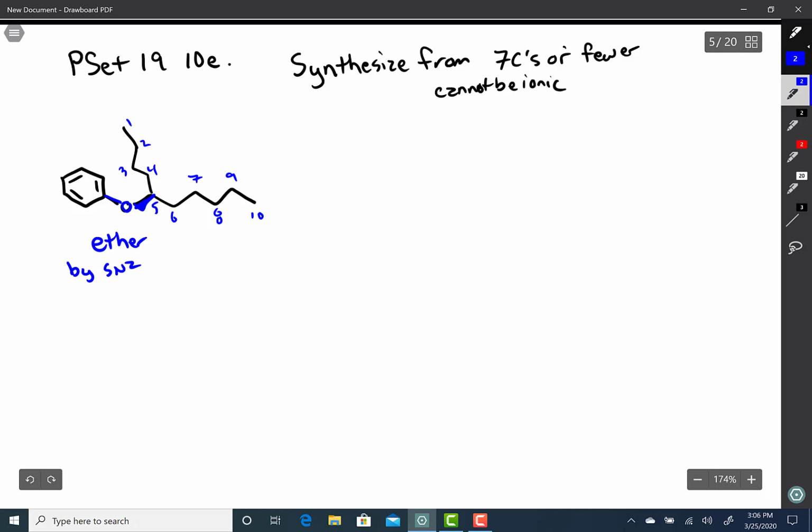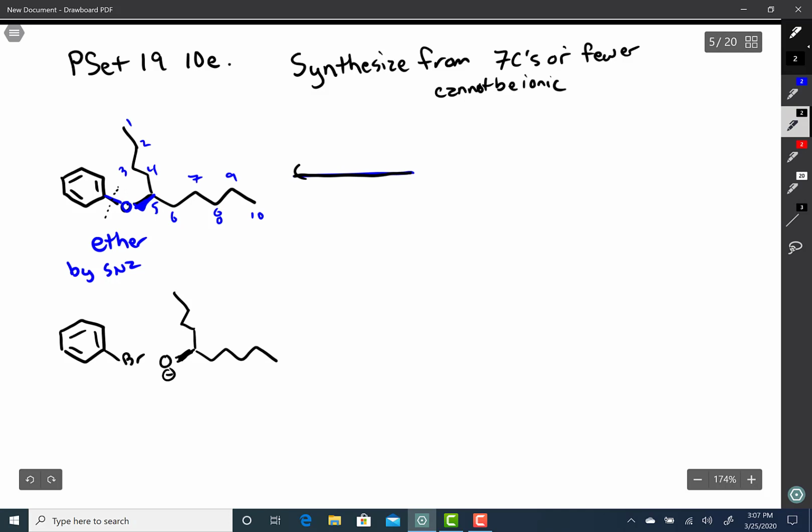And there are two possible bonds to make this ether from. You can split it right here, in which case, yeah, this is a possibility.